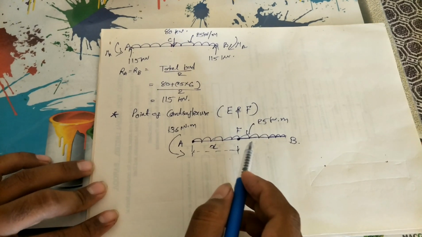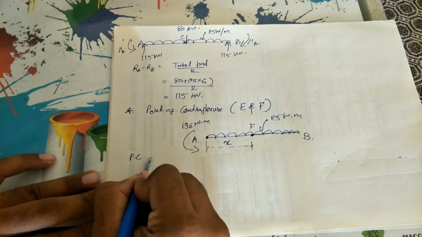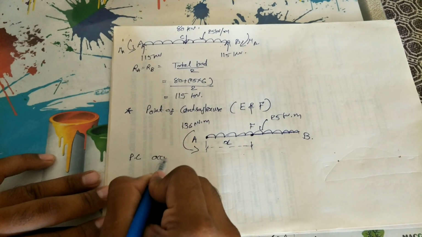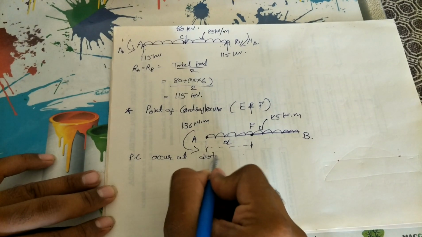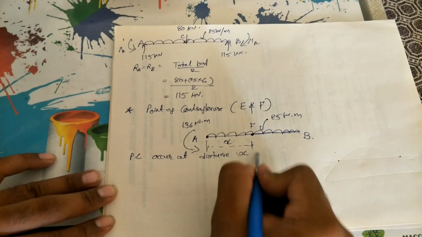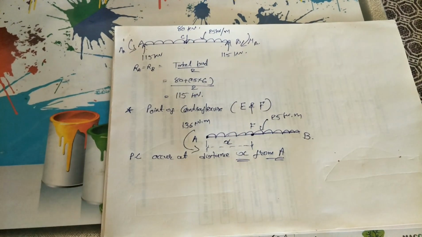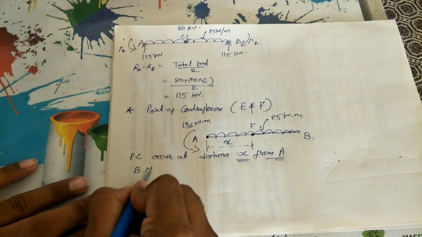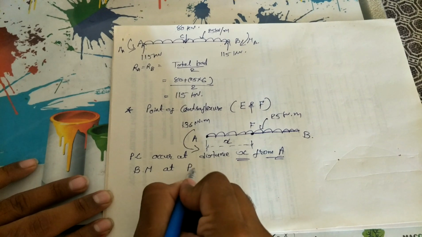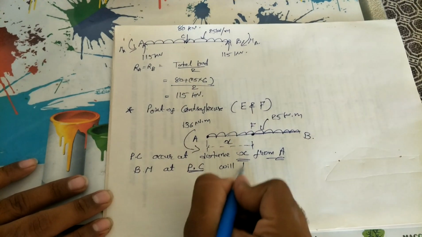Assume that the point of contraflexure occurs at distance x from A. We know that the bending moment at the point of contraflexure will be 0.